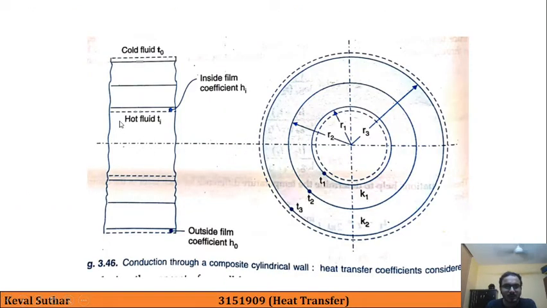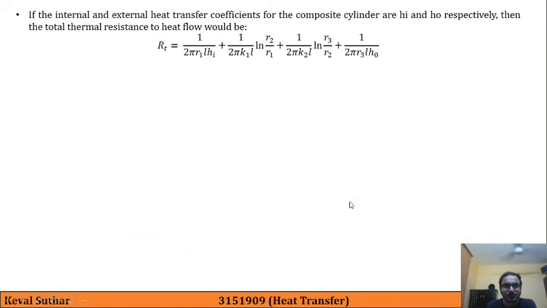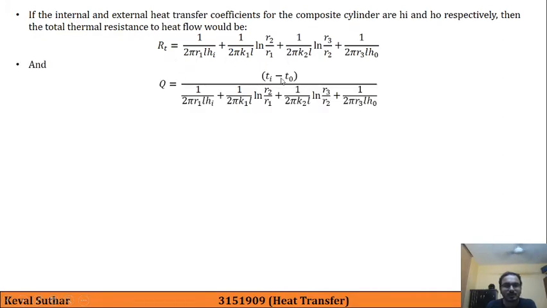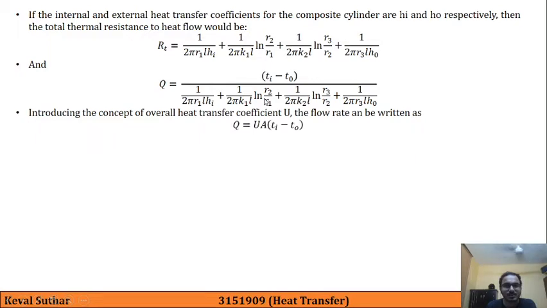In the next case it is the same thing, however now we are considering the hot fluid film and cold fluid film, where the heat transfer is primarily governed by Newton's law of cooling, that is convection. And we also wrote down the formulas for resistance, and we obtained the heat flow rate in this case.